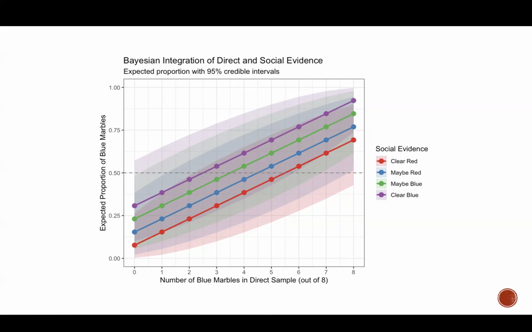You can see that with more blue marbles in the direct sample, the propensity to pick blue increases, but it starts very low, very skewed towards red, and it barely gets above chance at the end, but to a certain extent it does. If we have the other person saying clearly blue, again, we start by picking red because our evidence says 0 blue, but very quickly we shift to picking blue.